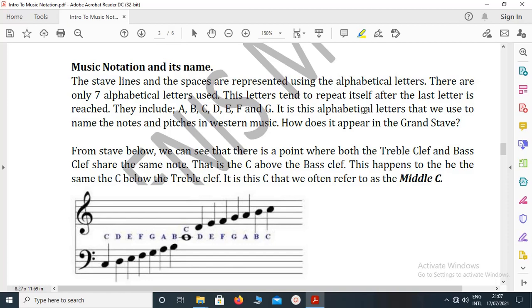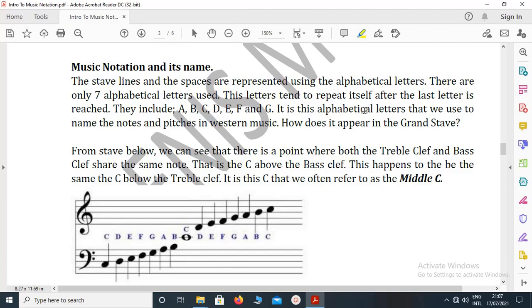From our stave below, let me give a small hint on what I was saying about the letters repeating. If you start from A, B, C, D, E, F, G, after G the next step becomes A again. That is what I meant by repetition.